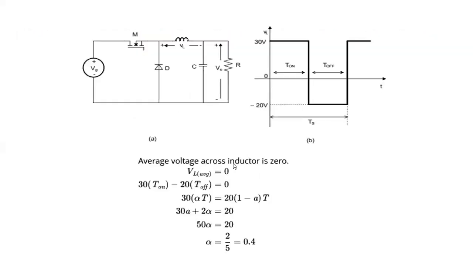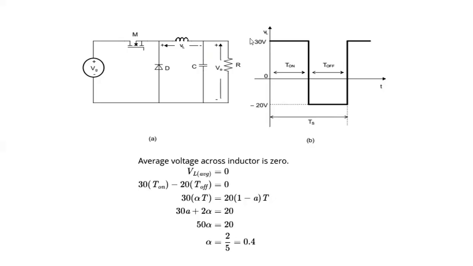For this, we need to find T on and T off, or the capital T, so that we can find the duty cycle.